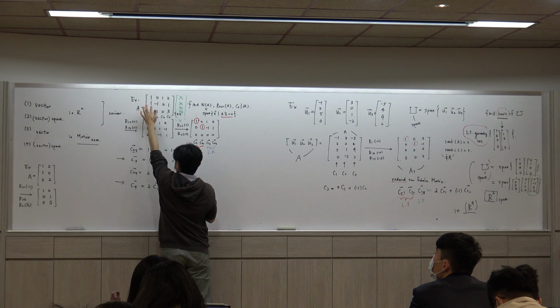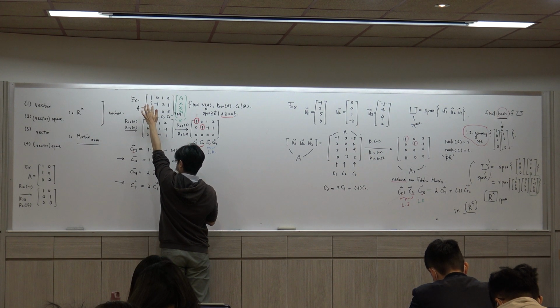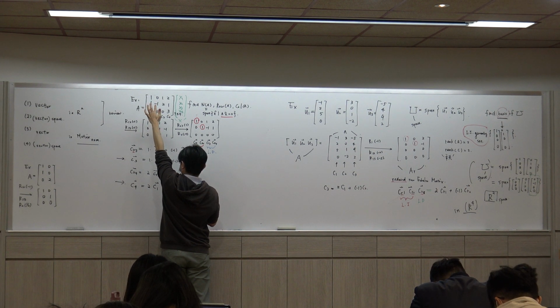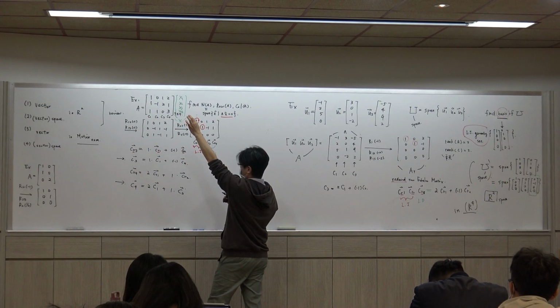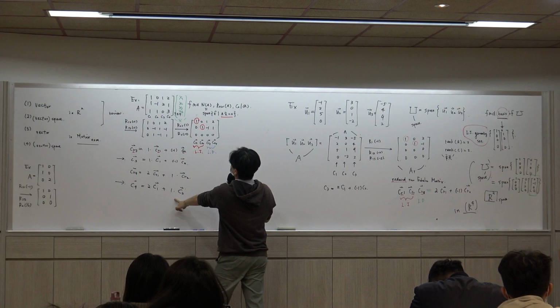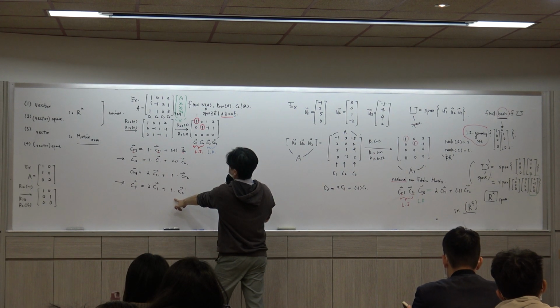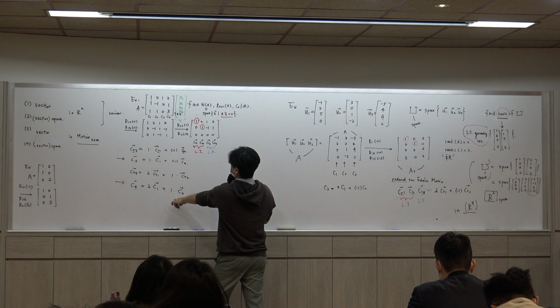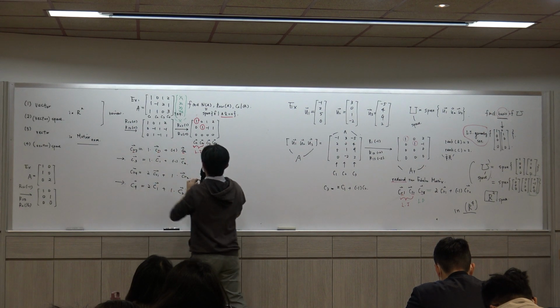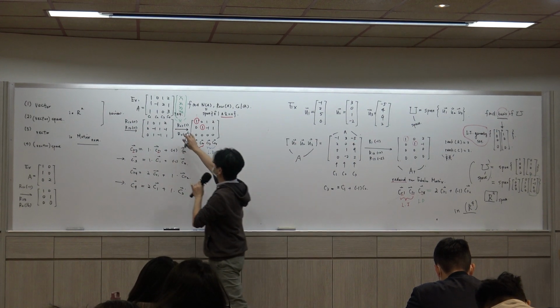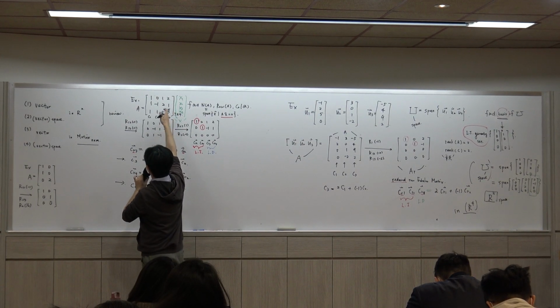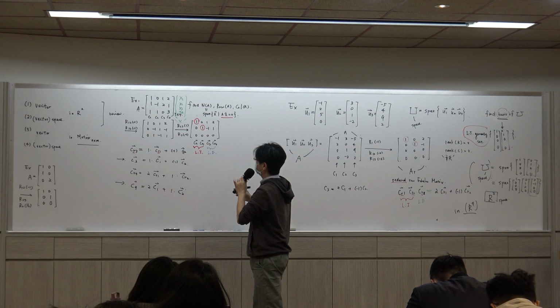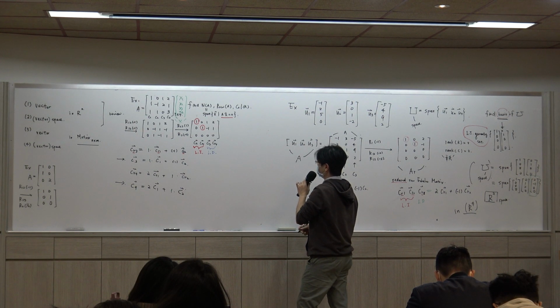And 1 equals, let me check. Okay. Anyway, we can use this relationship to check all the vectors in the original matrix A. Okay, that is the first thing.